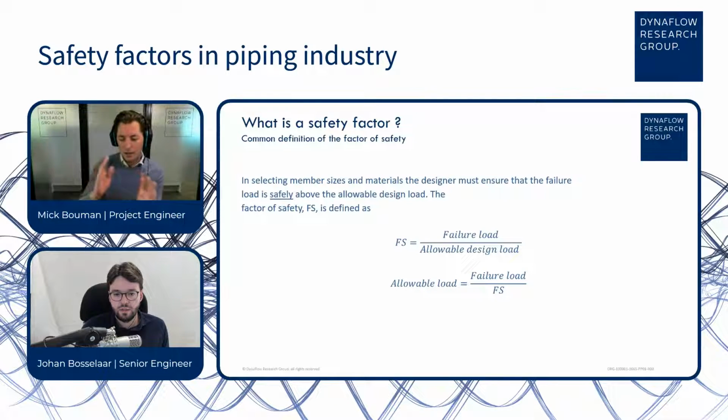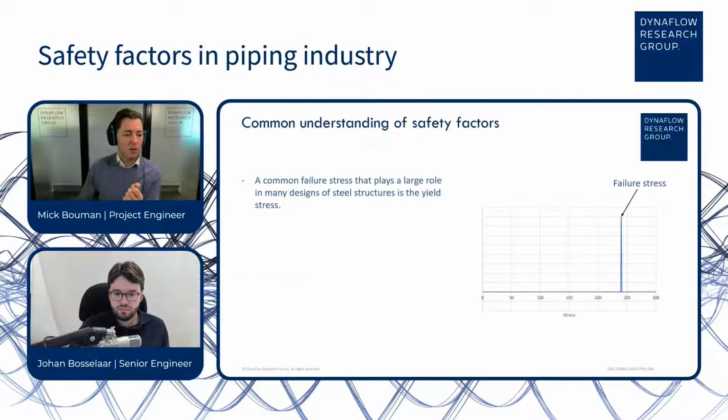The separation between these two, the failure load and the design load, is called the safety factor, the ratio between them. In the next slide, I show it graphically as well.